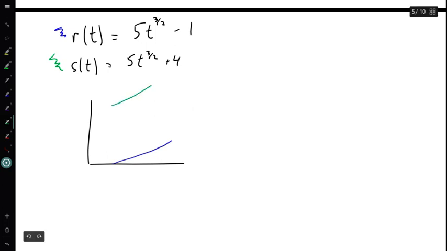So it's going to look something like this. Since these curves are vertical translates of each other, maybe let's write that down. Vertical translates. It certainly makes sense that they should have the same length.